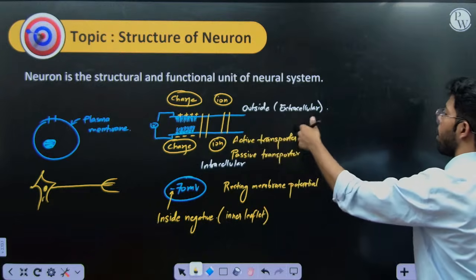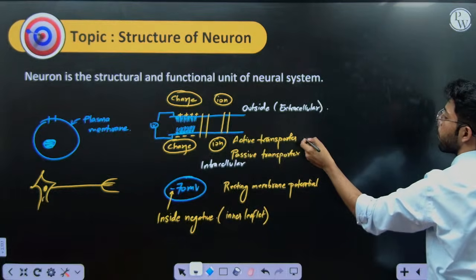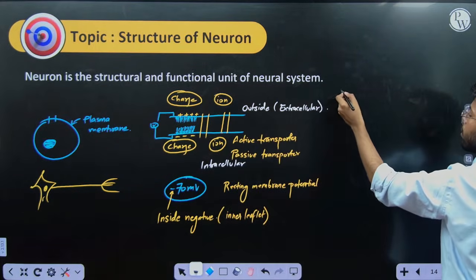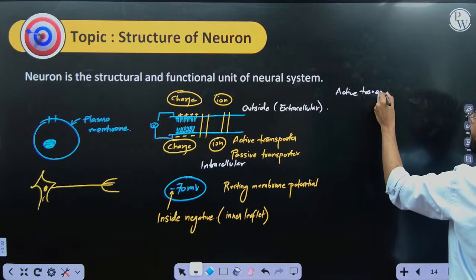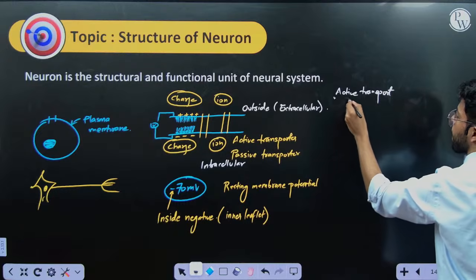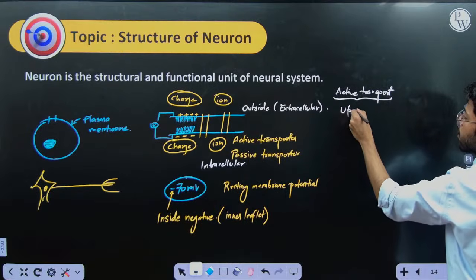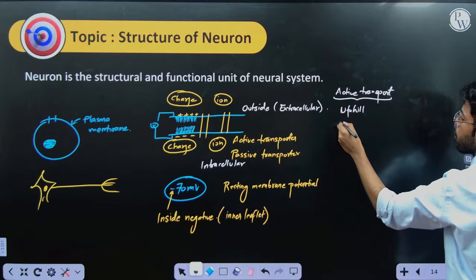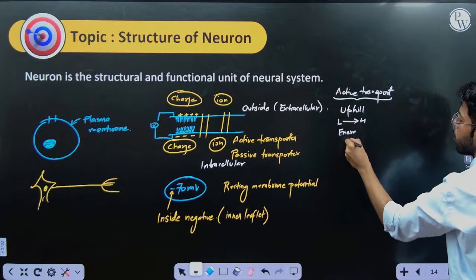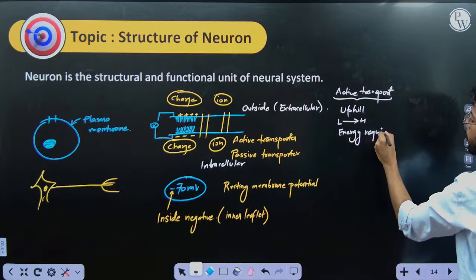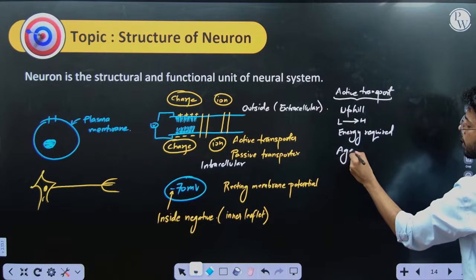In active transport, this is an uphill process, that is from low concentration to high concentration, and energy is required, and it is against the concentration gradient.